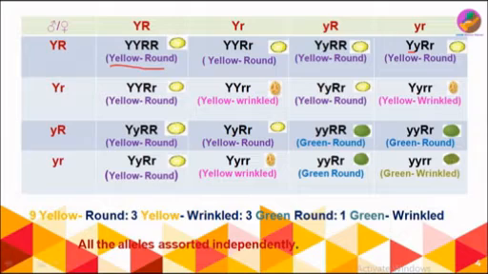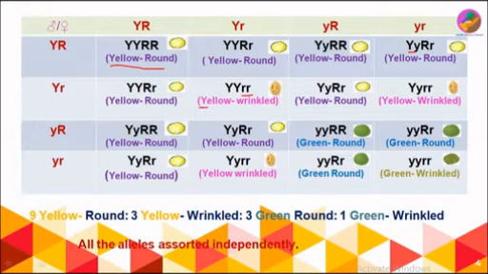Now see the second case, when 1 or 2 capital Y are present and both small r are present. In this case, the phenotype will be different due to independent assortment of alleles.